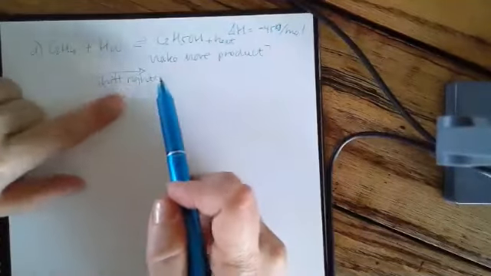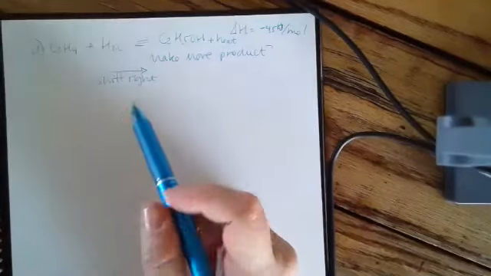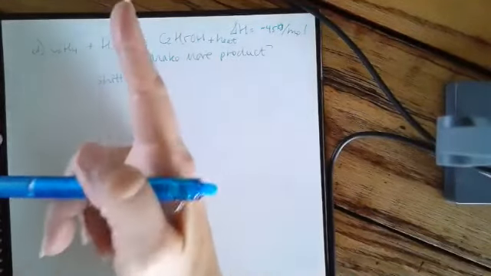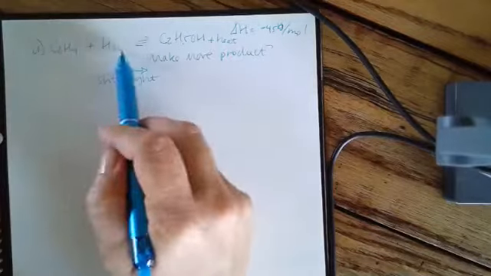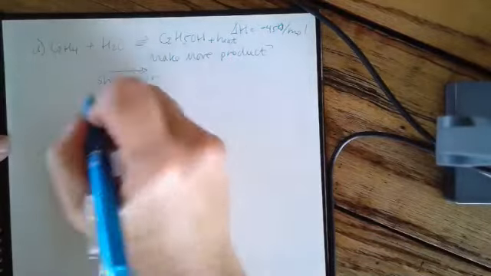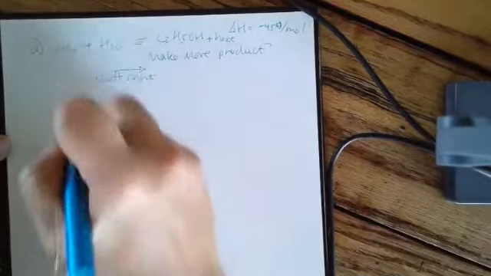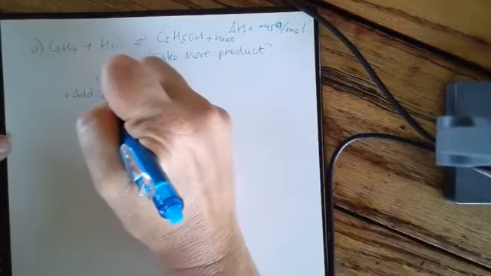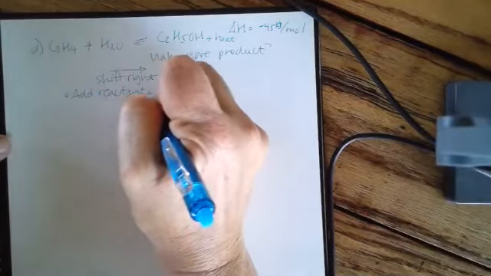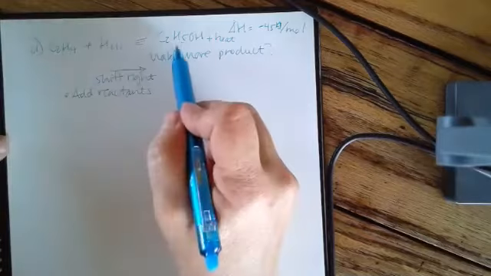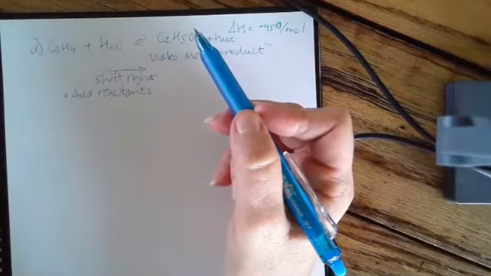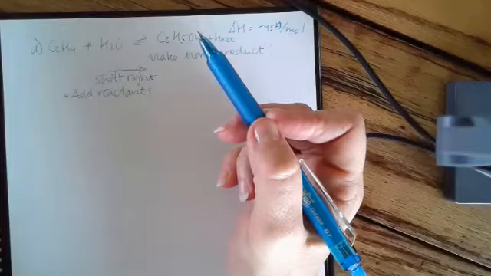What if we just add more reactant? That would definitely work. That's a valid way. So to make it shift to the right, you can do any of these things. You can add reactants, which of course makes more product, right?